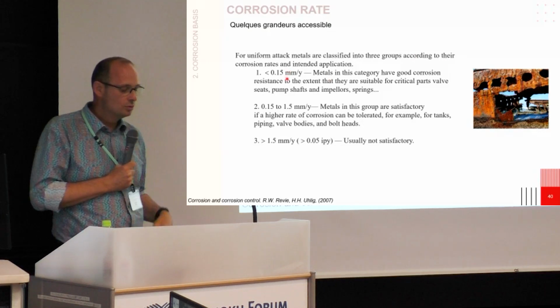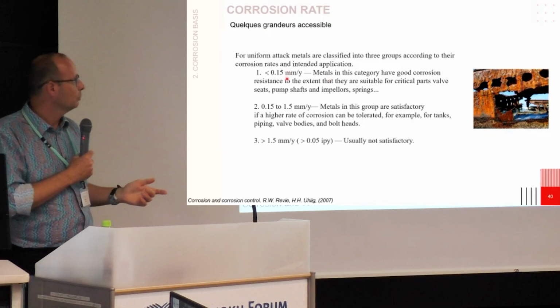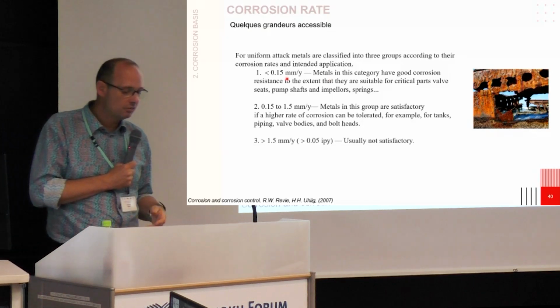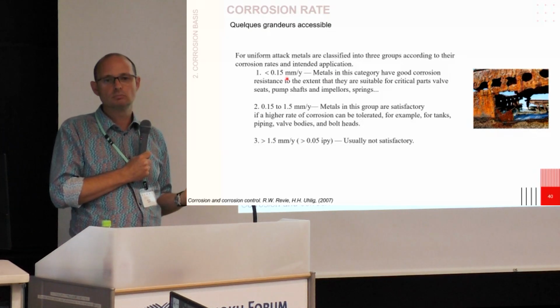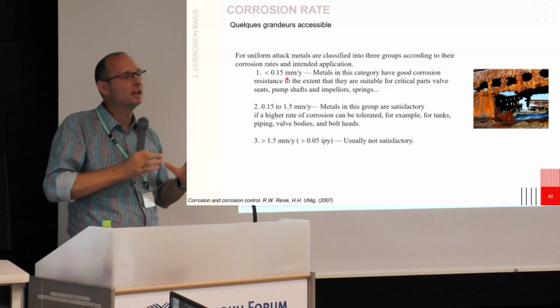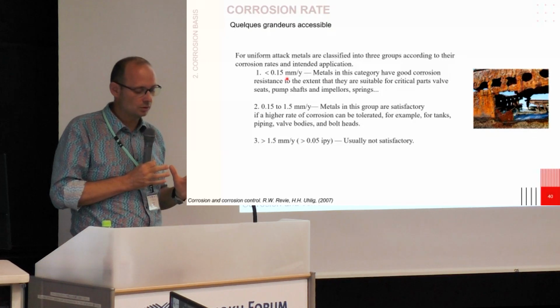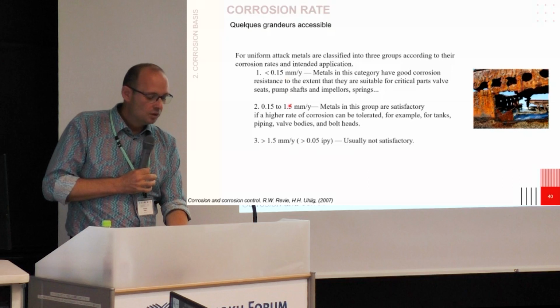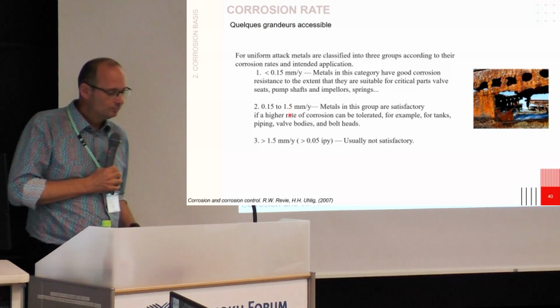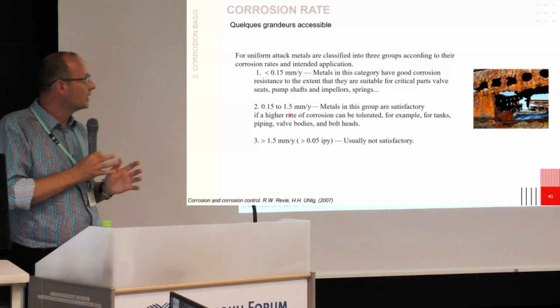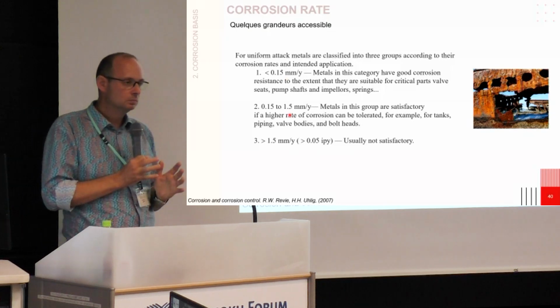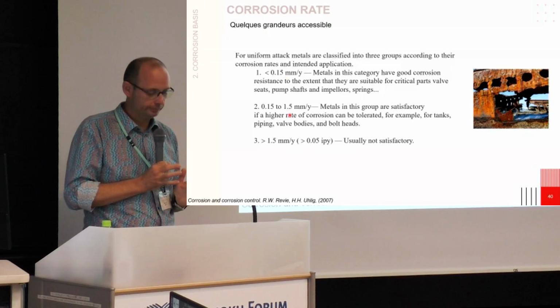If you lose 0.1 millimeters per year of your metal, it is said that you have good corrosion resistance. These are very rough ideas about the corrosion rate. Between this value and 1.5, it can be acceptable according to the environment you are using.